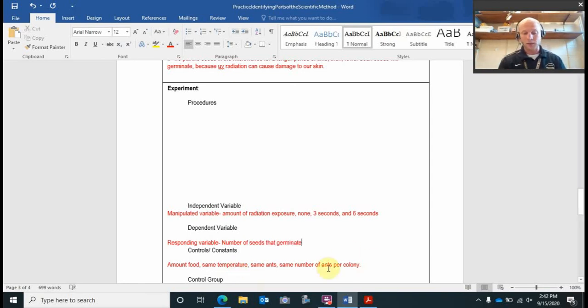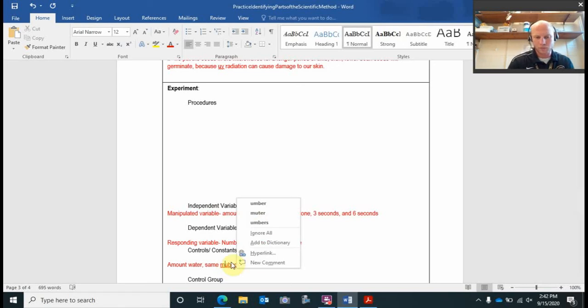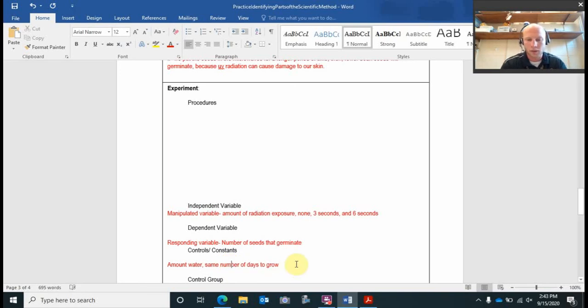Okay, what are some constants? I believe the amount of water, same number of days to grow. So she picks them up, or whoever does this picks them up after so many days. After, what was it, 2 weeks? Sorry about that.